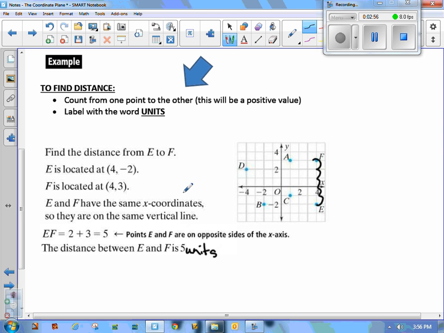They like to count it from your x coordinates. So F is 3 from the x-axis, and E is 2 from the x-axis, and then they add those up. We can just simply count them. We don't have to put a mathematical equation there to find that.